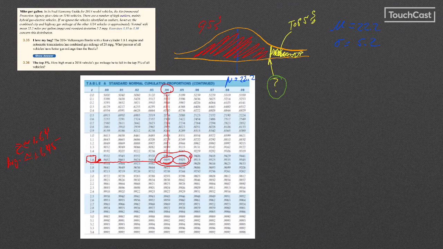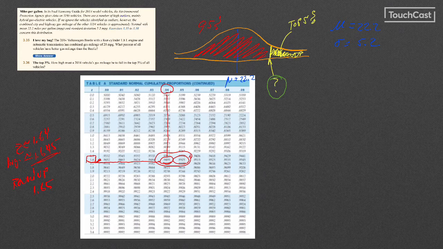I believe you'd get something like 1.645, and then you might round up to 1.65. This is a little more accurate than just taking the first value below your target value. If you were to do this in Excel, you would get a number closer to 1.645. So we're going to round up and say 1.65 is our z-score.